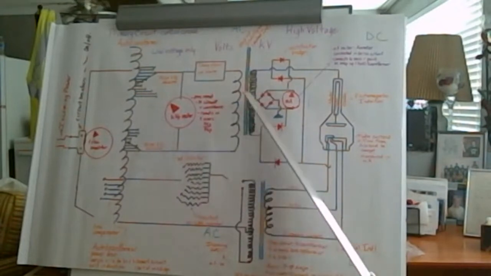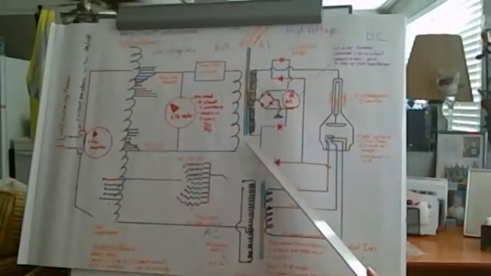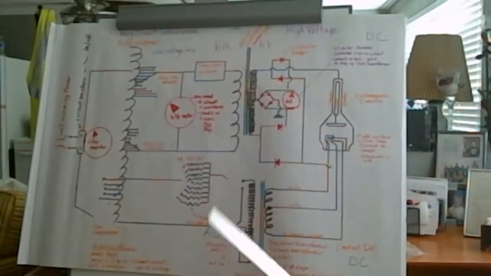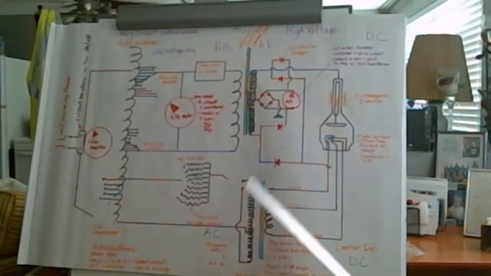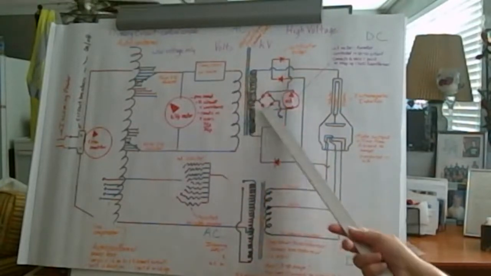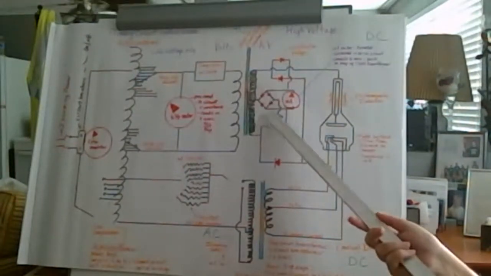Mutual induction basically is varying your current and voltage, which induces a magnetic field. The magnetic field induces a higher voltage on that secondary side. So yeah, we have electromagnetic radiation. Interesting, huh? We're creating electromagnetic energy here.